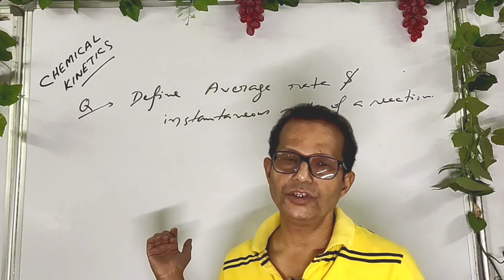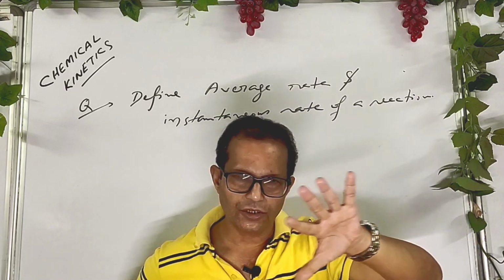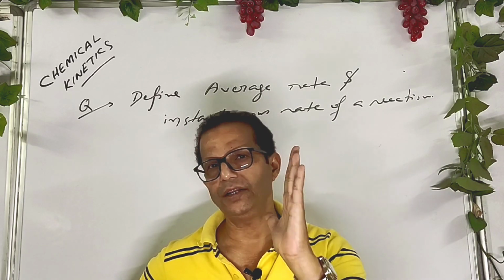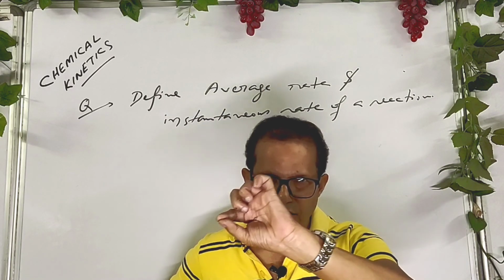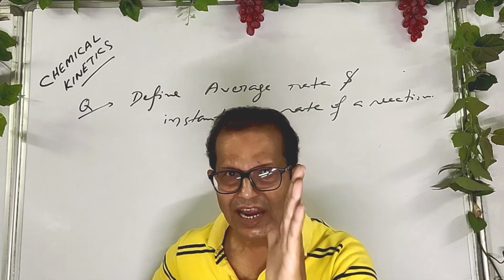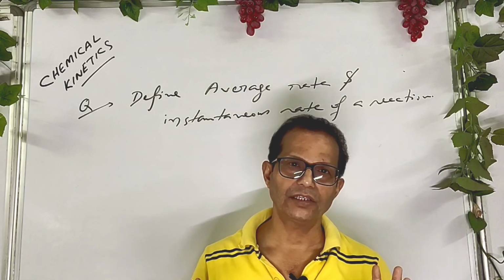So these are important questions. The total change of concentration of reactant or product per unit time is called the average rate. The change of concentration of reactant or product at any instant of time is called the instantaneous rate. I think you understand it.